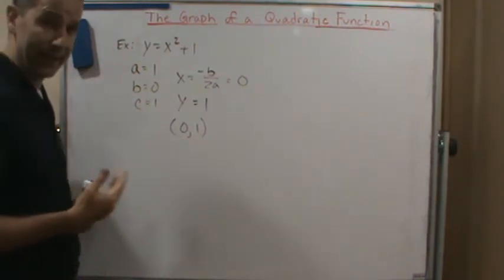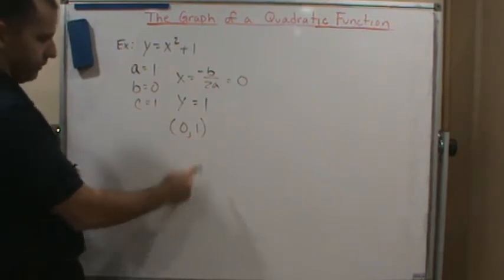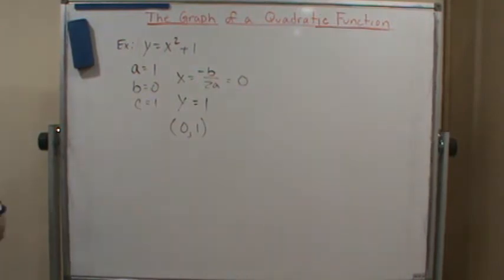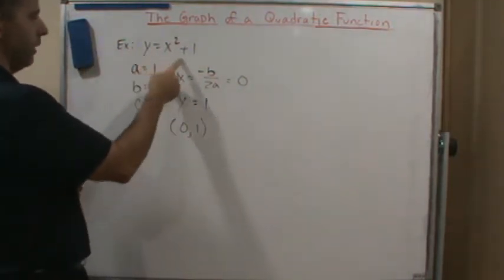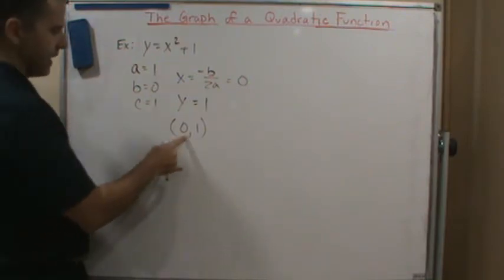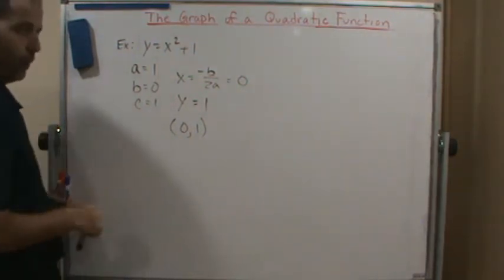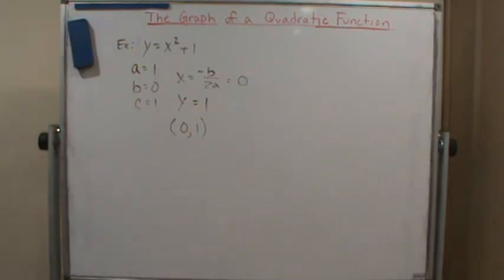Also, there are no x-intercepts, because the vertex is above the x-axis and the graph opens upward. In this case, the vertex is on the y-axis, so the vertex is the y-intercept as well.